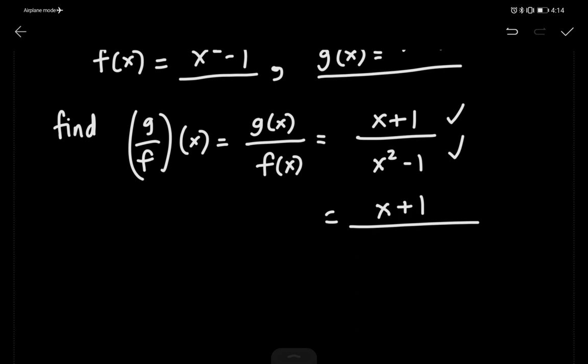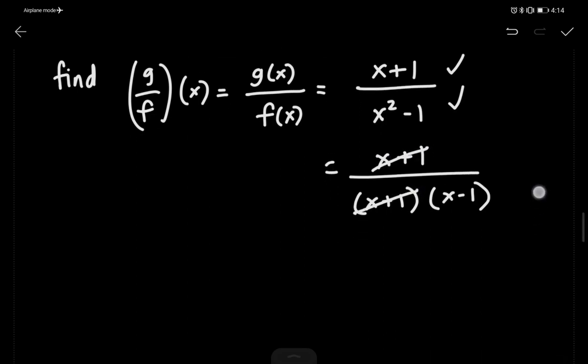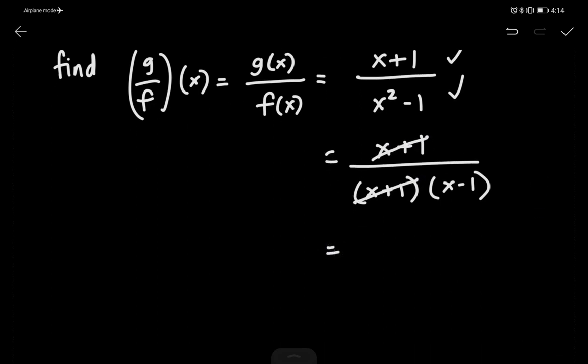So if we factor this one, this will become x plus 1 and x minus 1. So in this case, we have common numerator and denominator, so we are just going to cancel this one, cancel this one. So we are going to have 1 all over x minus 1, where the value of our x must not equal to what?